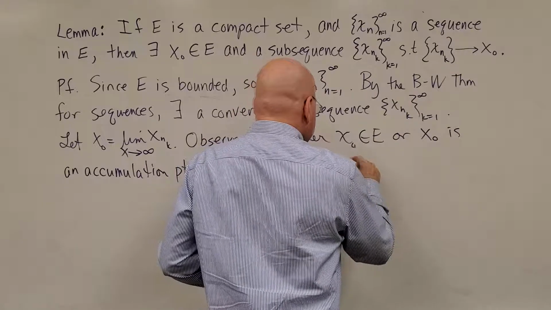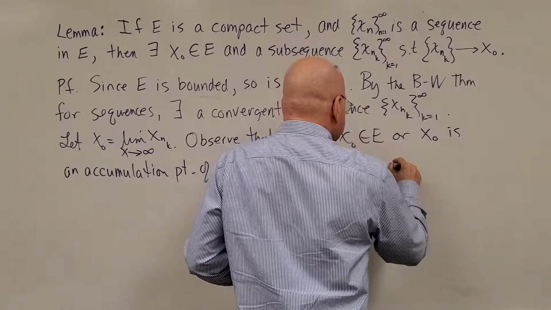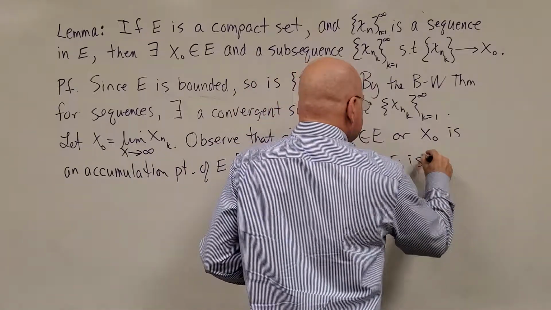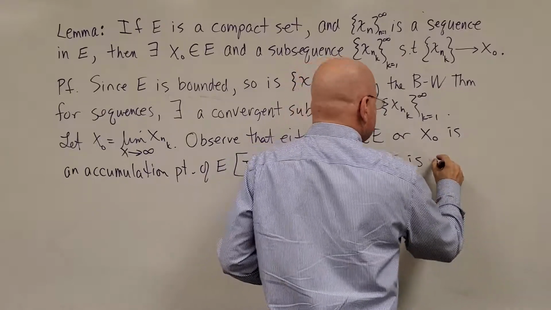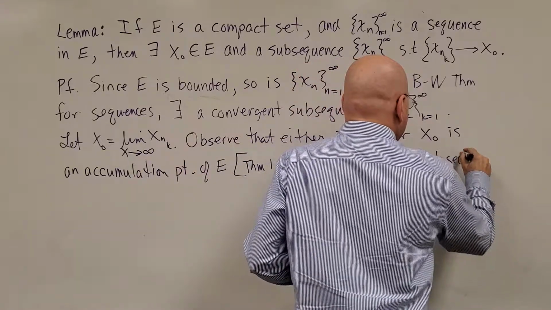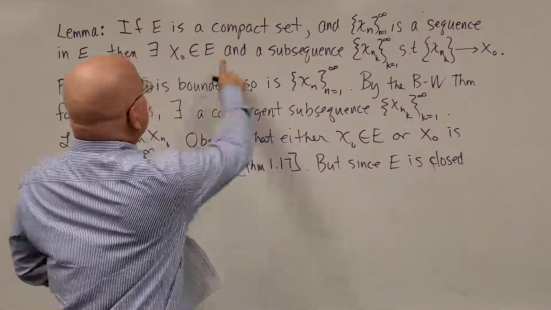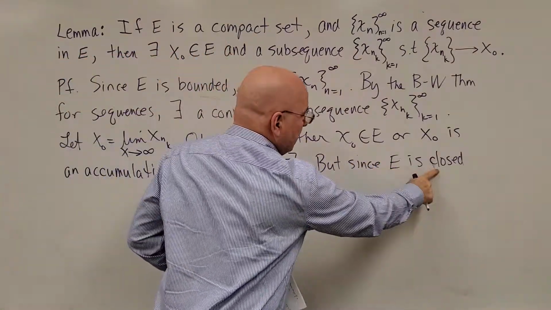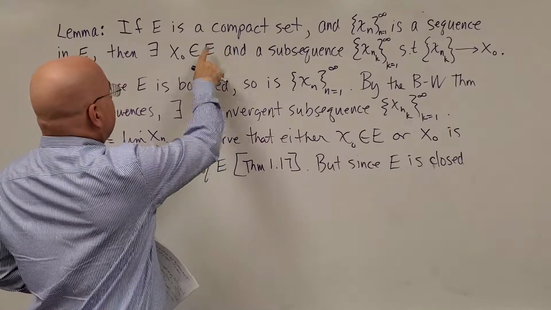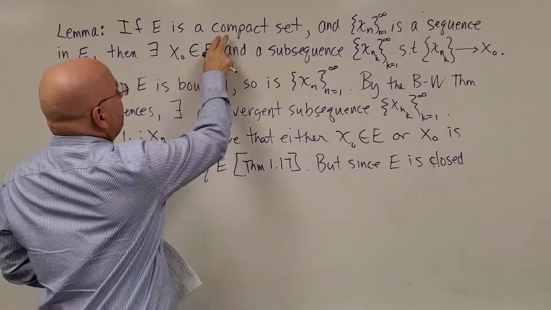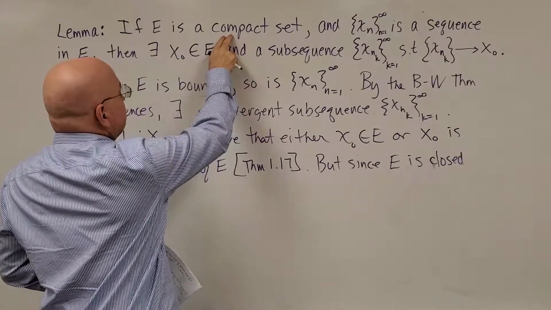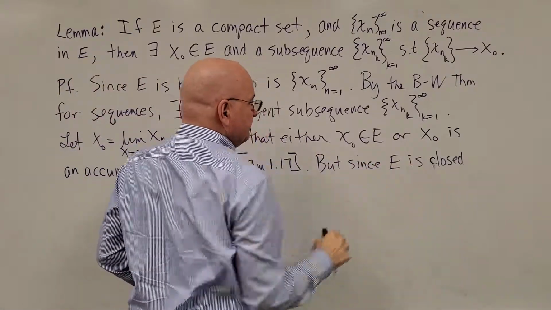But to finish this off, since E is closed, and if you want to justify that, you could put in parentheses or in a bracket, compact implies closed. Remember, we already used the fact that compact implies bounded. Compact means bounded and closed.